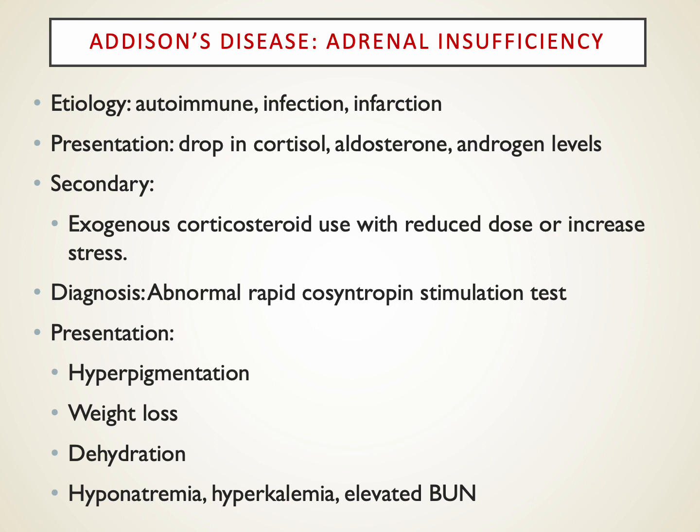And so we can look at a rapid corticotropin stimulation test to look at that. Patients often will present with hyperpigmentation, almost a bronzing look of the skin. They often have weight loss, dehydration, hyponatremia, hyperkalemia, and an elevated BUN.